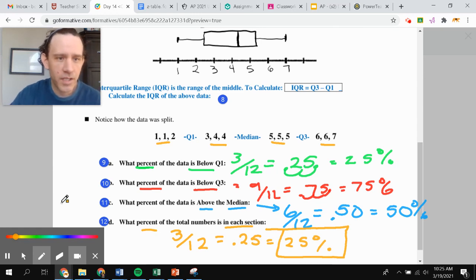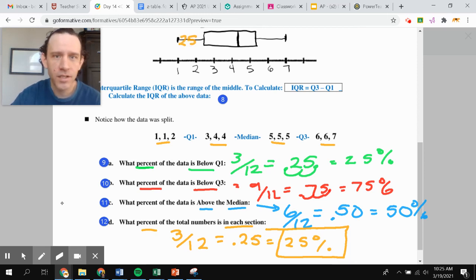And that's what I want you to take away from this. This is going to be the case for every single kind of box plot. If I look at the first section, there's going to be 25% in that section, 25% in this section, 25% of my data in that section, and 25% in that. It'll always be that way in a box plot.